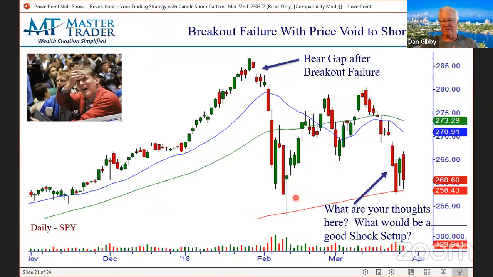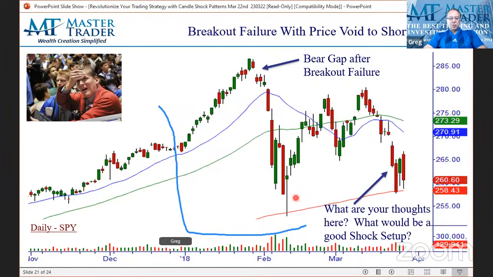It could be so far away, or it could be all new all-time highs. But the idea of a void is that there has been a price and time correction. So there could have been some squiggly area over here. So between here and here, there's nothing. That is a void.